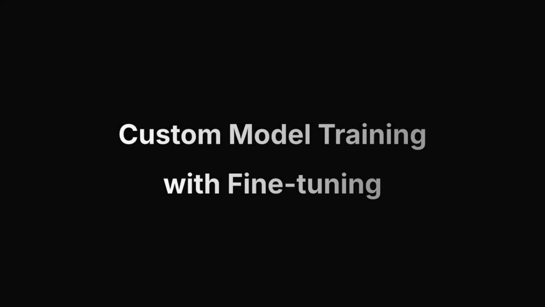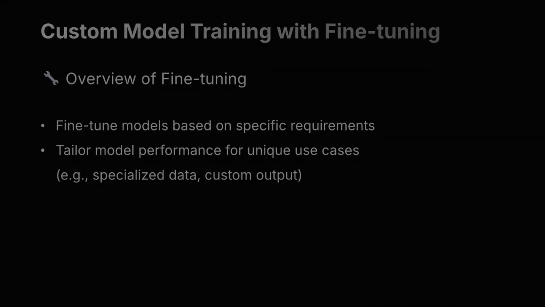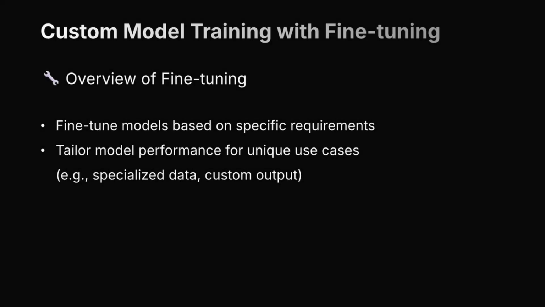Okay, now let's talk about custom model training with fine-tuning. Azure OpenAI Service allows for the fine-tuning of models based on our specific requirements. This gives us the flexibility to improve model performance for our unique cases, whether we are working with specialized data or need more output.